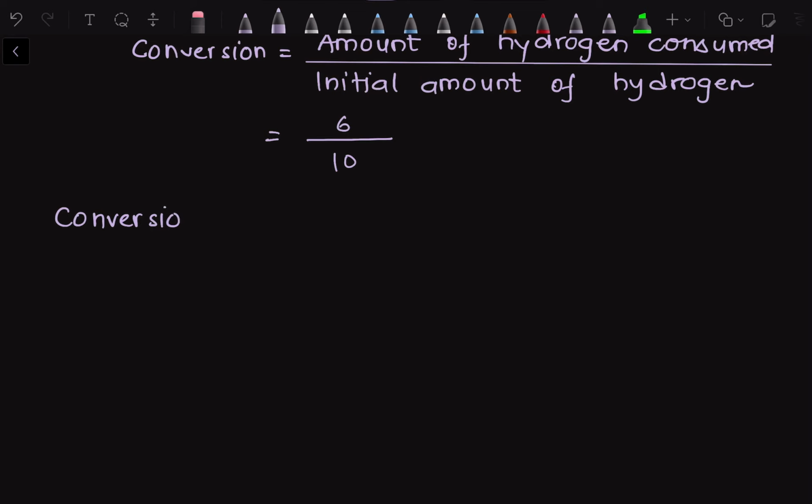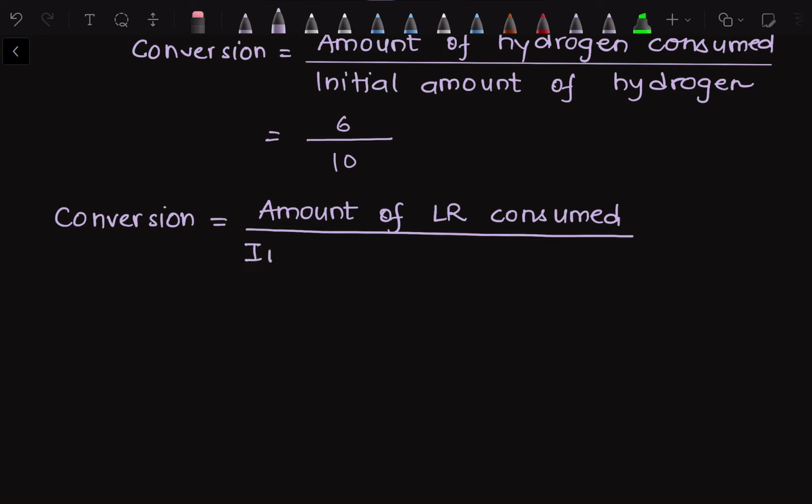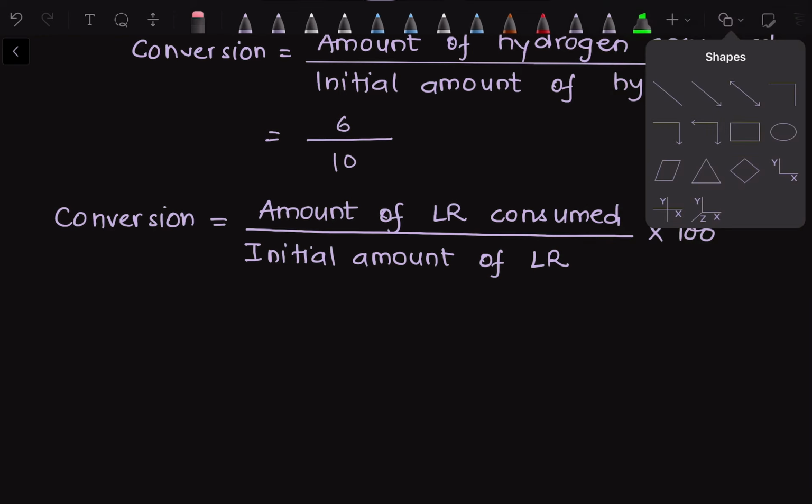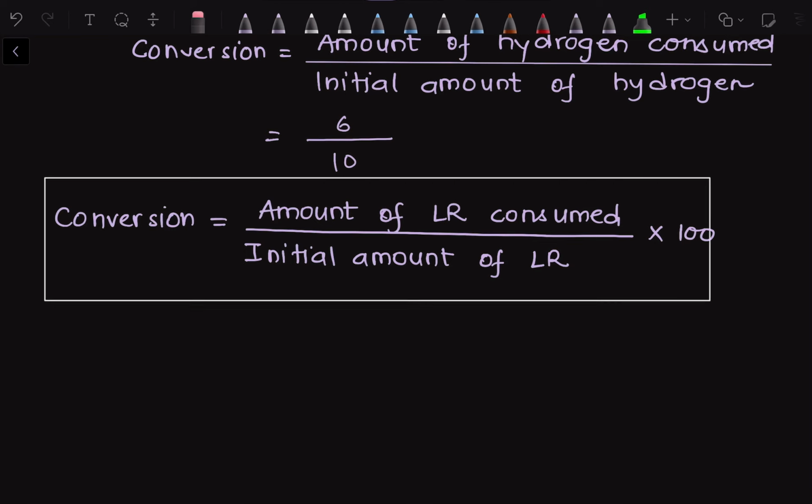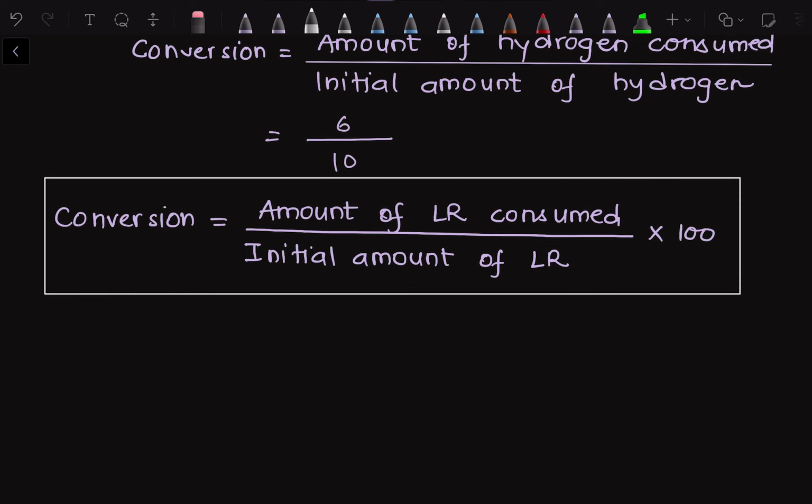Conversion of a reaction is equal to the amount of limiting reactant consumed divided by the initial amount of limiting reactant times 100. This multiplication by the factor 100 converts the entire ratio into percentage. So this is the general formula for calculation of conversion.